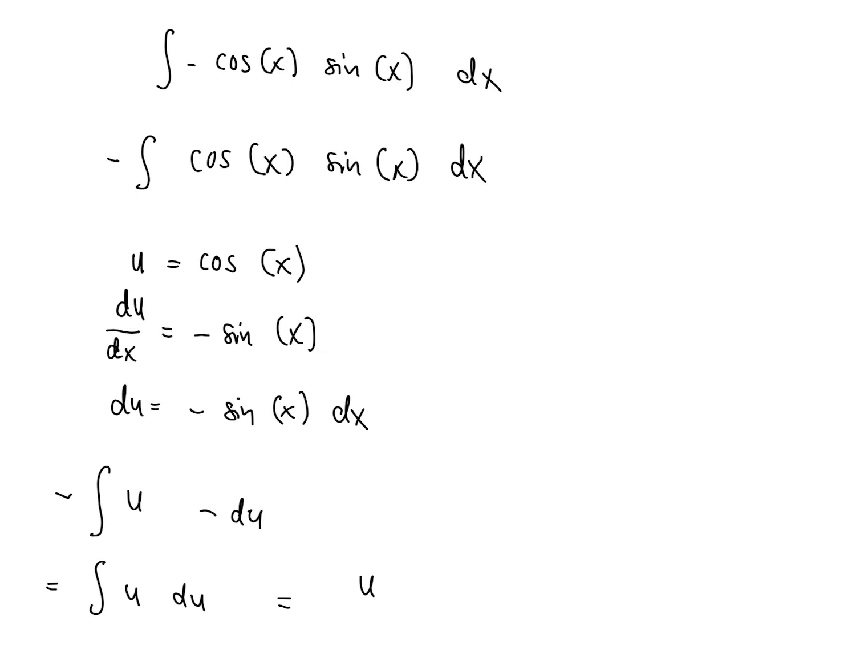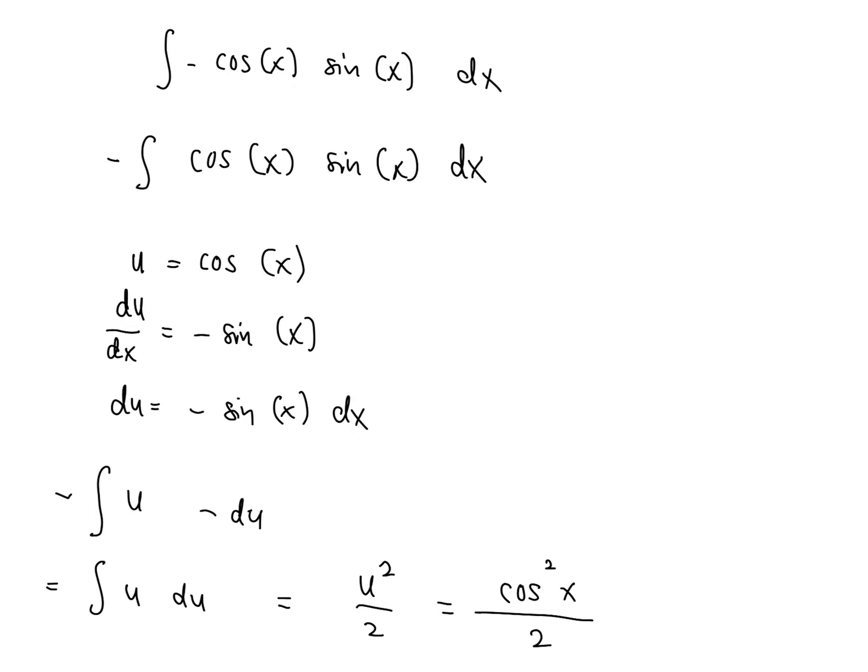This will be u squared over 2, where u is cos x, so cos squared x over 2. Now I have the solution for the integration of negative cos x sin x, which is positive cos squared x over 2.